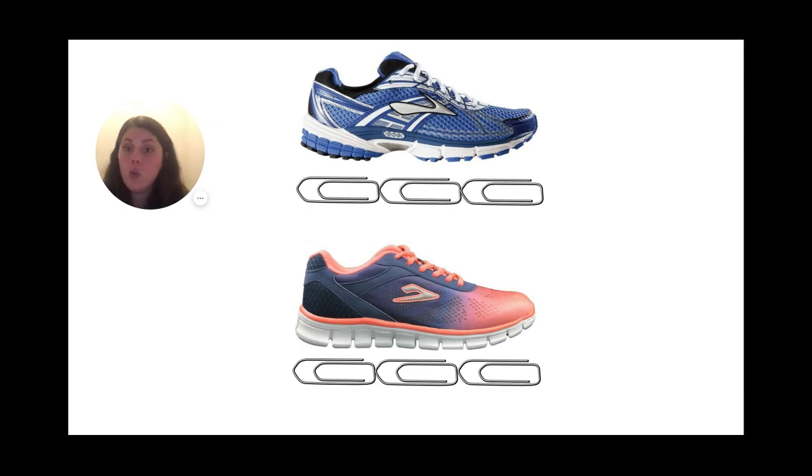So, friends, what word do we use to describe these shoes that are both 3 paper clips exactly in length? That's right, friends. They are equal to one another in length. The 2 pairs of shoes are equal in length, so we know they are the same shoe size. Good job, friends.